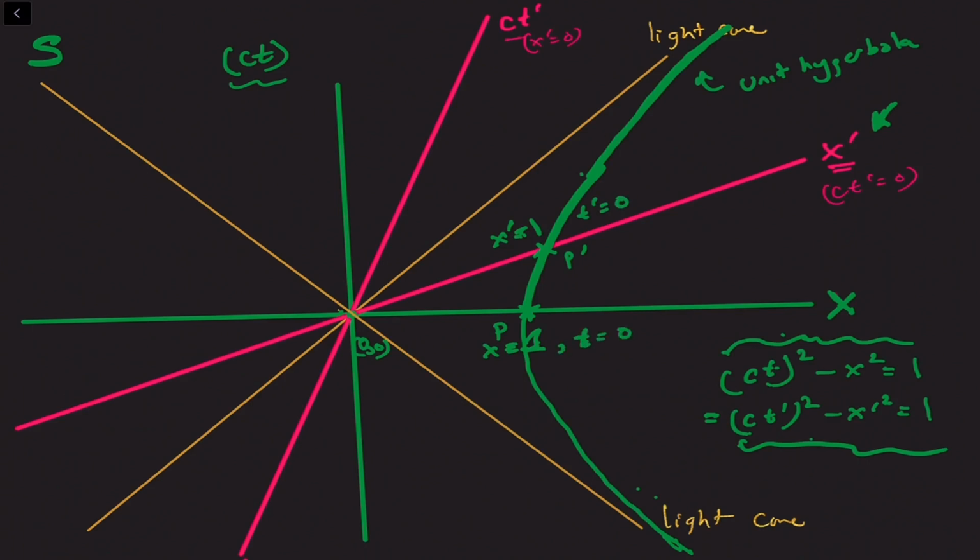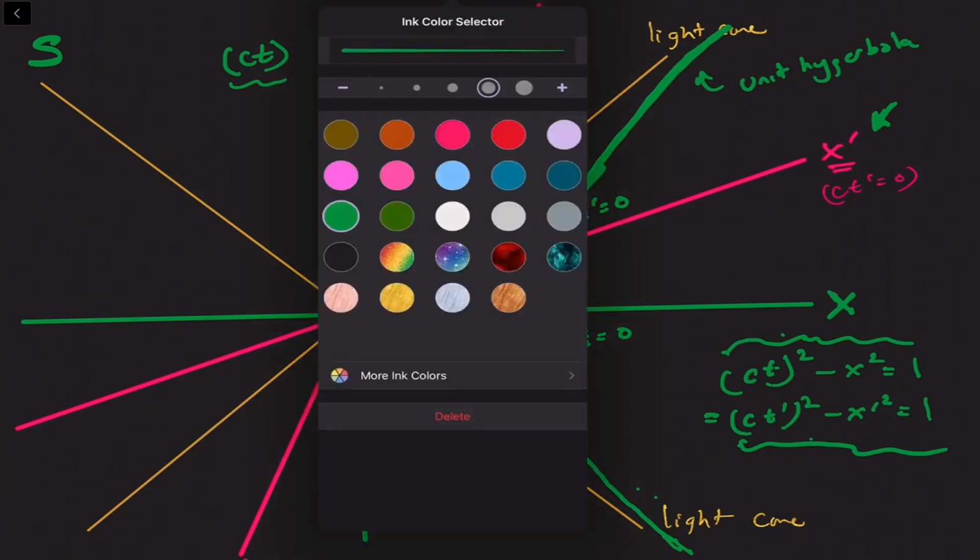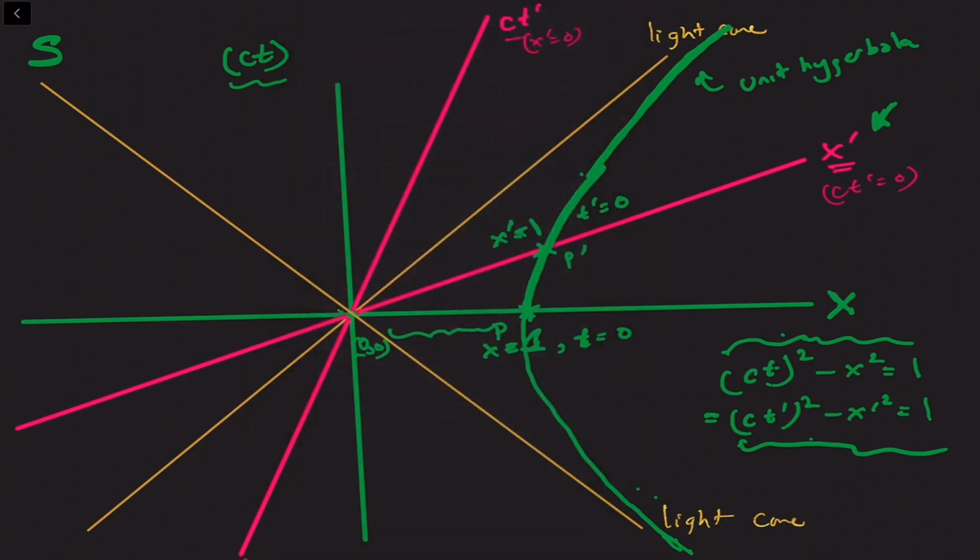So this is a unit distance along the x-axis as measured by an observer S, and this point here, p prime, is a unit distance as measured by the S prime observer along the x-axis at t prime is equal to 0.